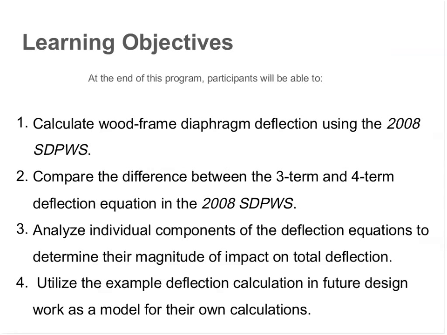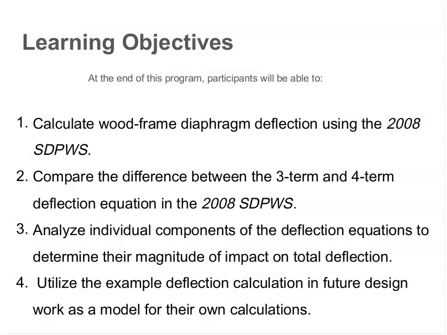Today's learning objectives are to be able to calculate wood frame diaphragm deflection using the 2008 wind and seismic provisions, abbreviated in the code as SDPWS. I typically refer to it as the wind and seismic standard, so you may hear me using both terms throughout the presentation.